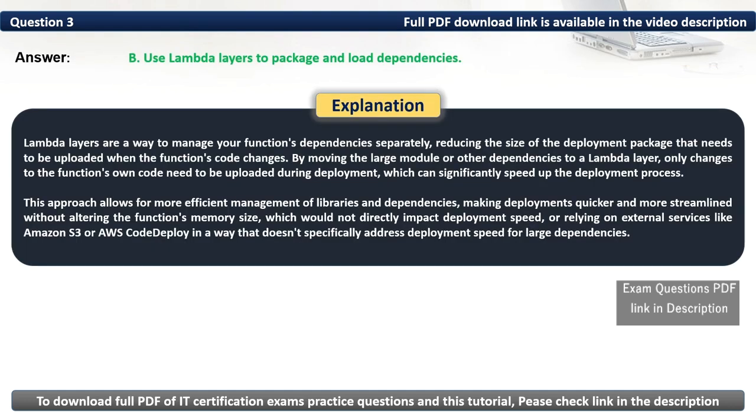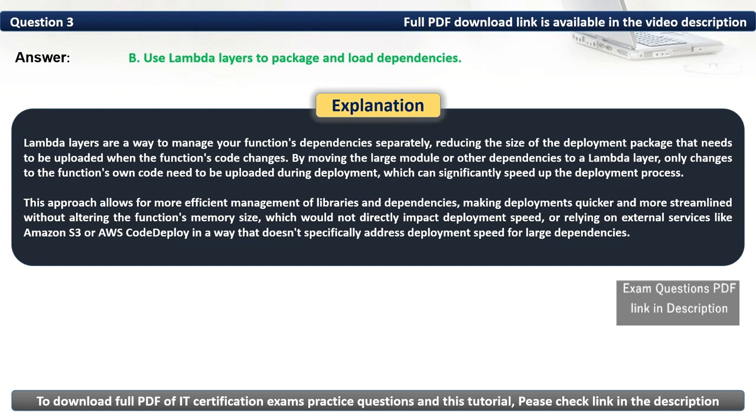Lambda layers are a way to manage your function's dependencies separately, reducing the size of the deployment package that needs to be uploaded when the function's code changes. By moving the large module or other dependencies to a Lambda layer, only changes to the function's own code need to be uploaded during deployment, which can significantly speed up the deployment process.